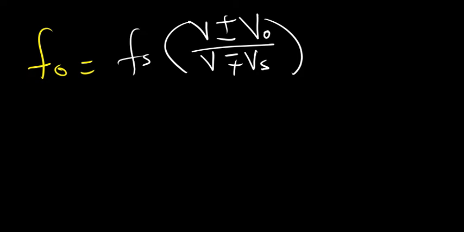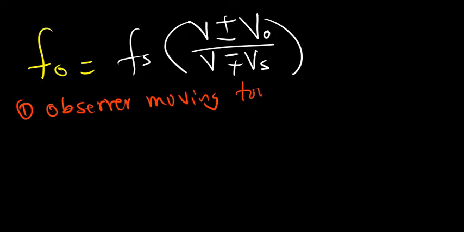So here is a trick thing which you need to know. If you read the question and you have been told that the observer is moving toward the source, get me right here. This is the first point. I think this one you should know.